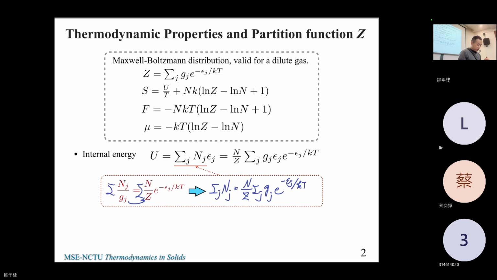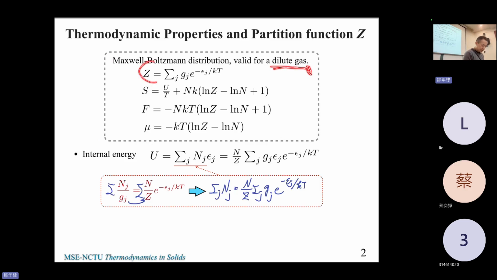So in chapter 6, we have done this, and I guess you are really familiar with it, because you have finished the midterm too, right? The partition function Z for the Maxwell-Boltzmann distribution, and this distribution is valid for dilute gases, okay?